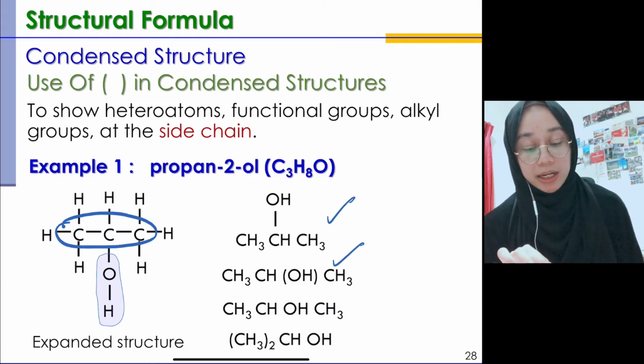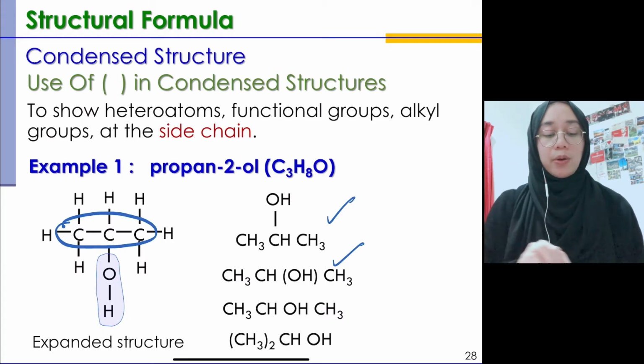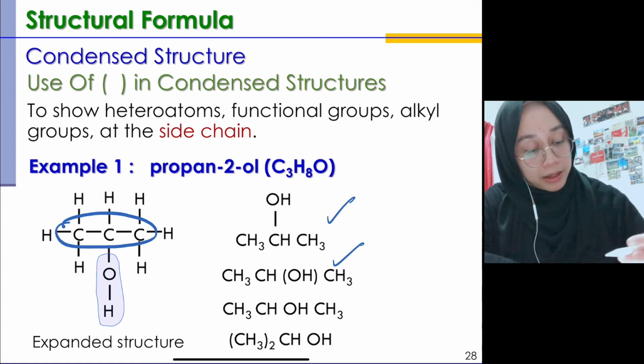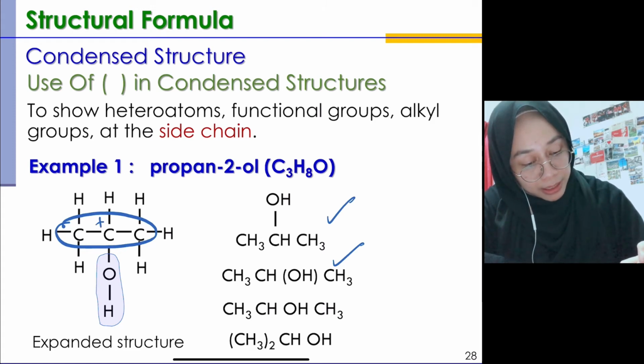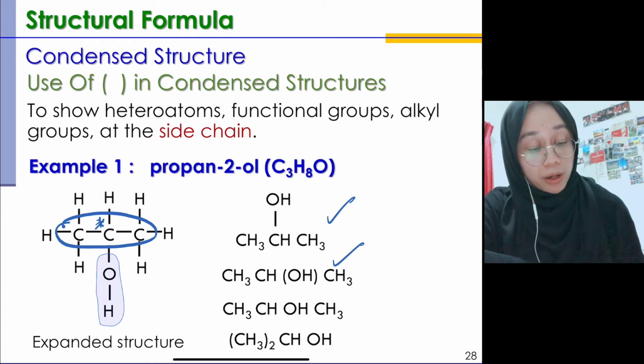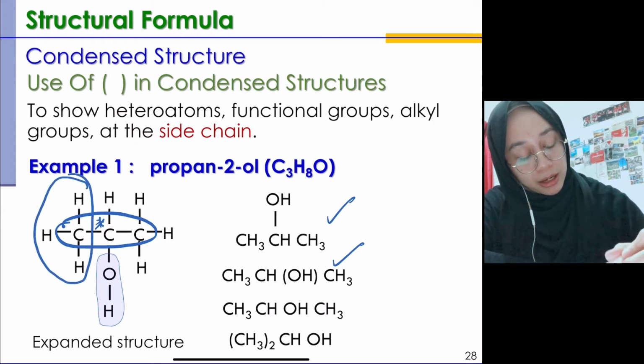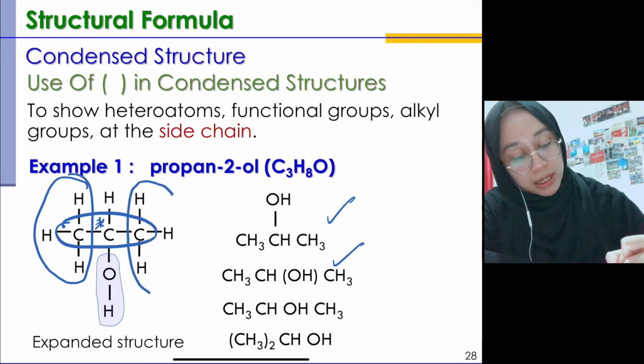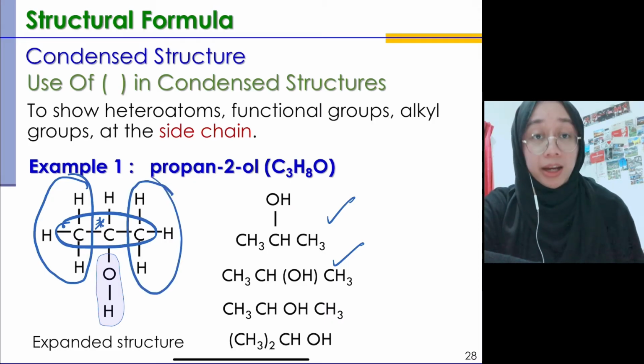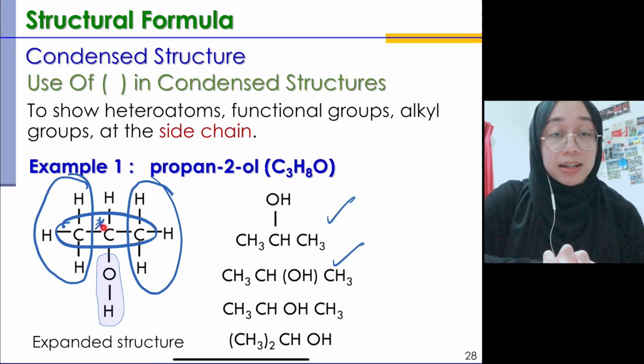Oh, satu lagi adalah ni. Cara bawah ni. Okay. Whereby, kita punya carbon yang Miss starkan ni, okay, nombor 2 tu, carbon nombor 2 tu, dia ada CH3 yang berada sebelah kiri and also dia ada CH3 yang berada sebelah kanan. Dua-dua CH3 ni attach kepada carbon yang sama.